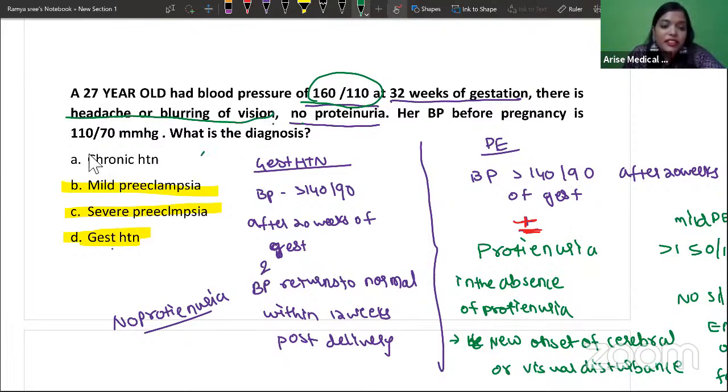What is this? Is it mild preeclampsia or severe preeclampsia or gestational hypertension? Yes, Gautam, what do you feel? Is it mild or severe? Don't answer A now because A is ruled out.